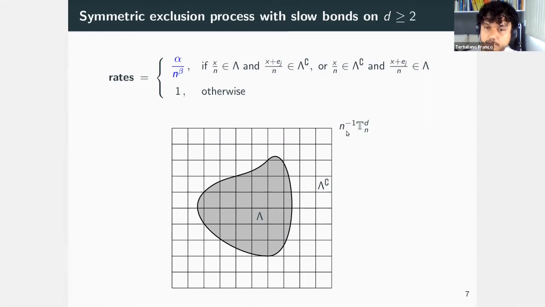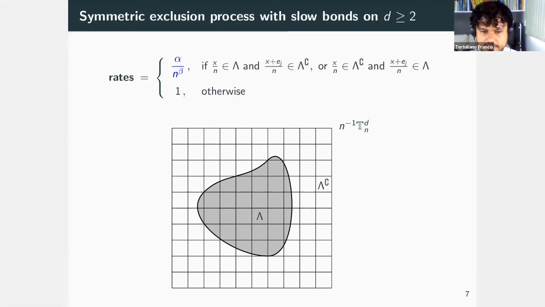So N^{-1} T^d_N is the discrete torus embedded in the continuous torus. But this region is defined on the continuous torus. And the rates, which we define as slow bonds, are alpha divided by N to the beta, as before, if the extremes of the bond fall in different regions, that is, if one vertex is in Lambda and the other vertex is in the complement, or vice versa.